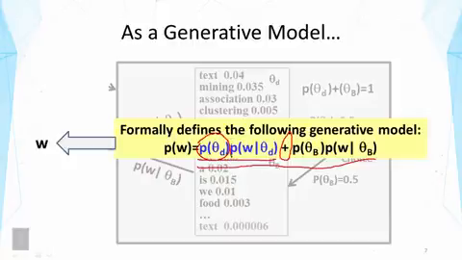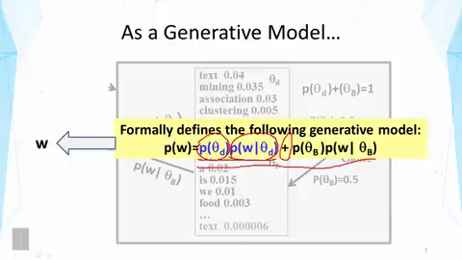Second, the probability of actually observing the word from this component model. And so this is a very general description of, in fact, all the mixture models. I just want to make sure that you understand this, because this is really the basis for understanding all kinds of topic models.